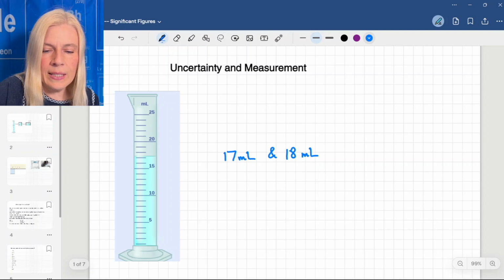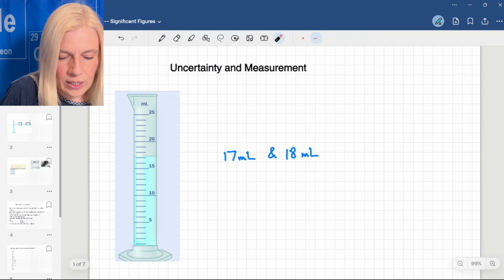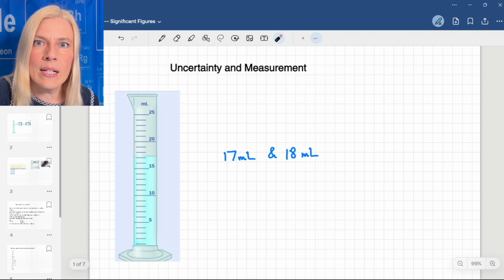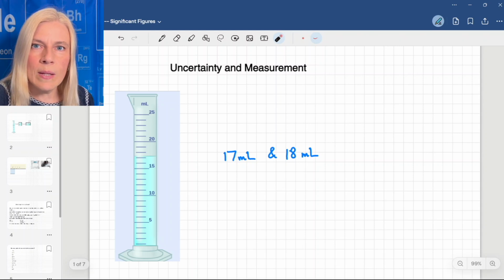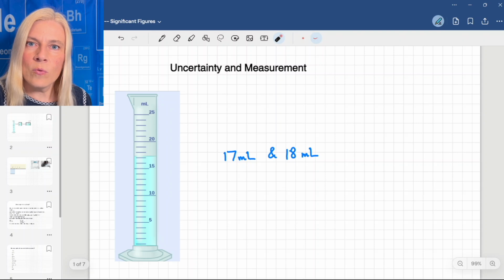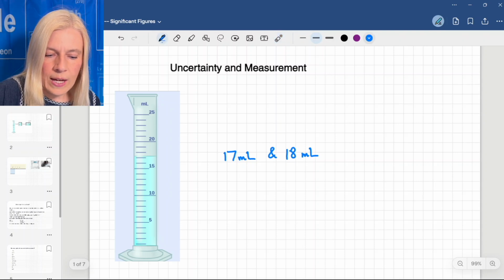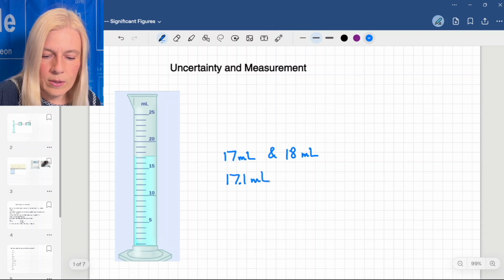So in my mind, I'm going to imagine 10 little tick marks right here between 17 and 18 mils. And I'm going to use my imaginary tick marks to write something that I am uncertain of. So what if I say that it's 17.1 milliliters?